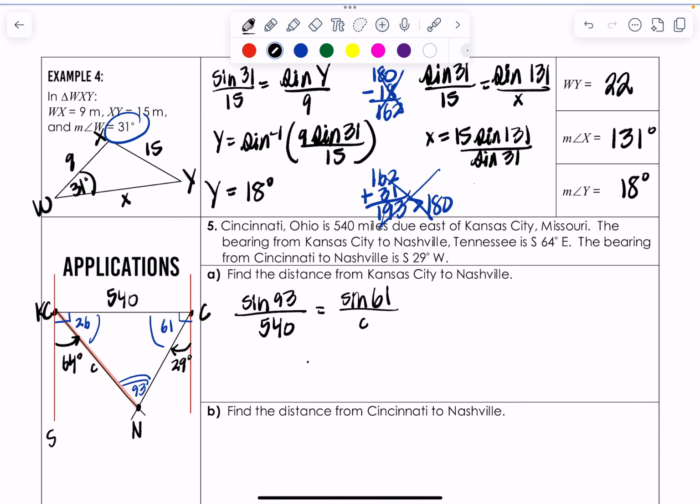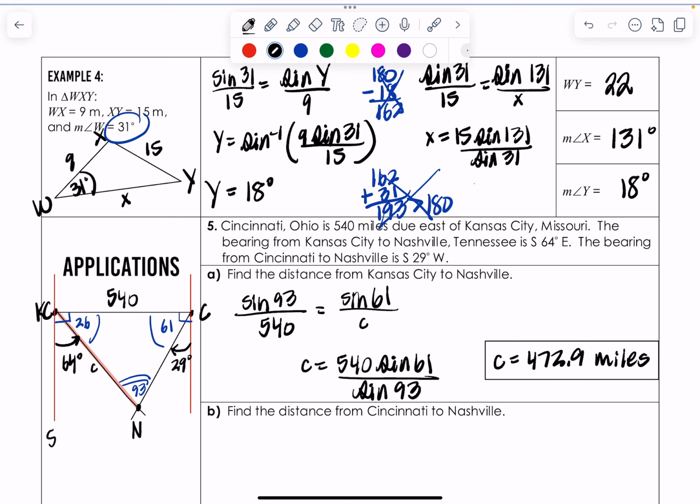And that gives me C would be equal to 540 times the sine of 61 over the sine of 93. So 472.9, and this is miles.